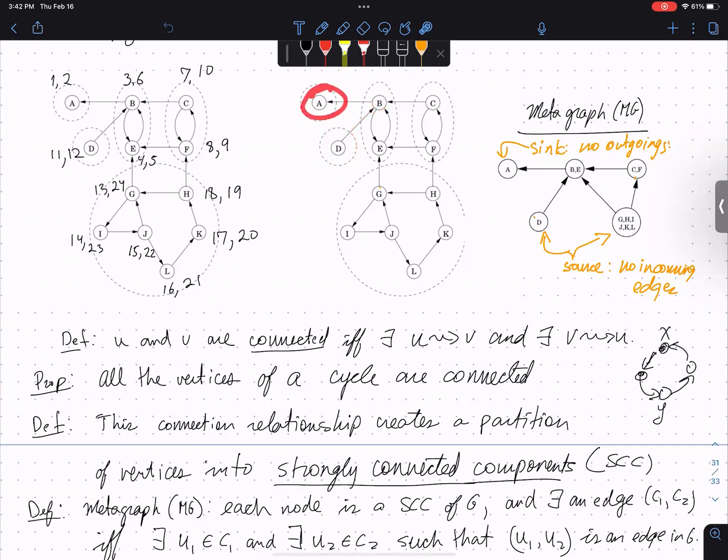If I run it from A, then I will explore A. I will explore everything else that maybe is in this component, but because it's a sink component, so I have no edges coming out of it, I will only explore the vertices in that component and nothing more.